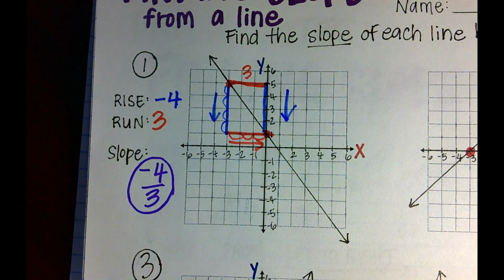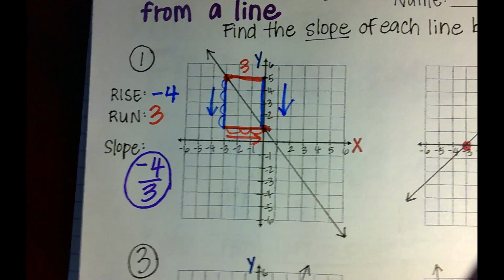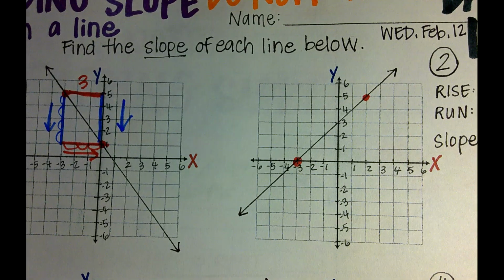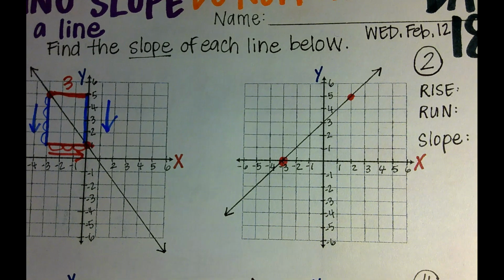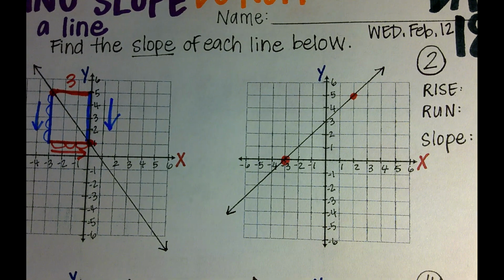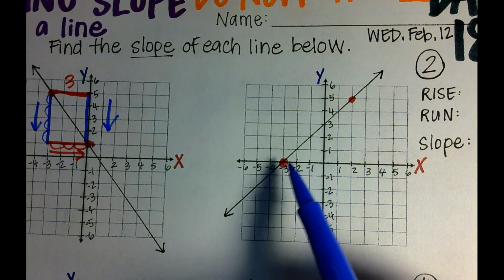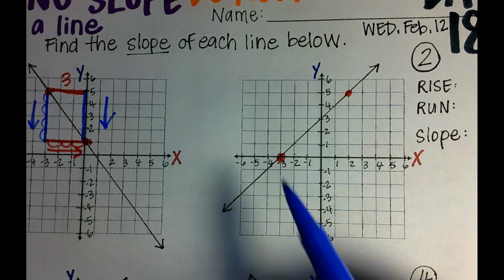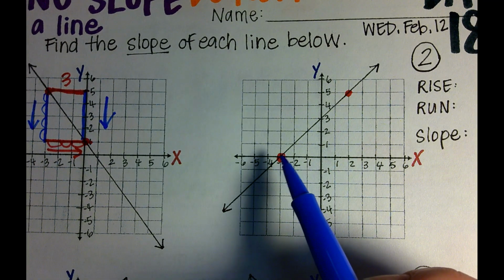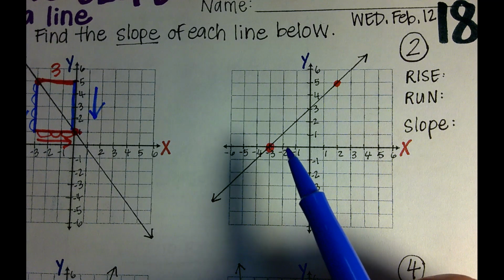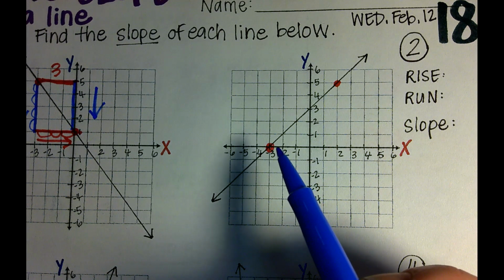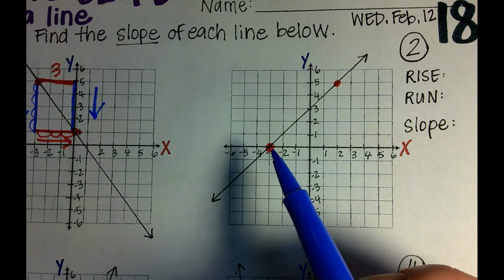Okay, does that make sense to everybody? Yeah. All right, let's look at the second one, number 2. Which point should we start from first? Yes, my x is -3 right here. From left to right, this one comes first. So let's do our rise first. Where am I going to be going, up or down?